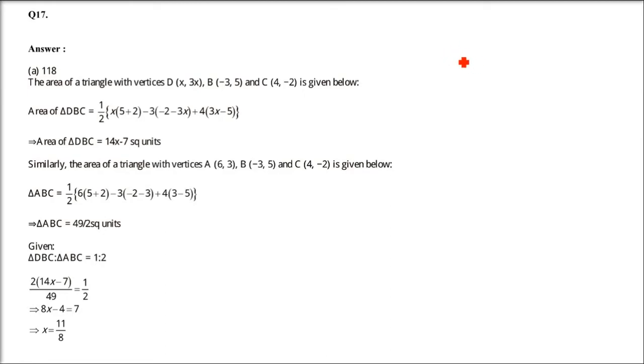And the ratio of the areas of those 2 triangles is 1 by 2. So we know how to find out the area of the triangle if the 3 end points, or you can say the vertices, are given. So I just made a random quadrilateral. It has to be more random than you can think of. So these points A, B, C, D are given clearly here.